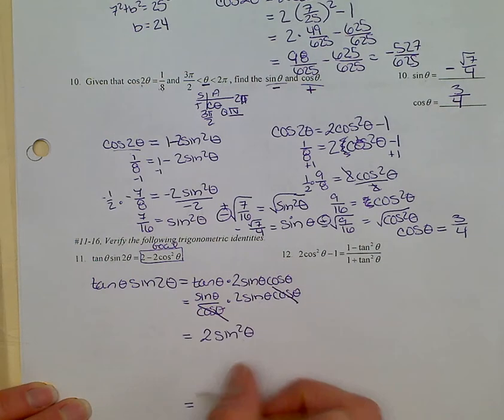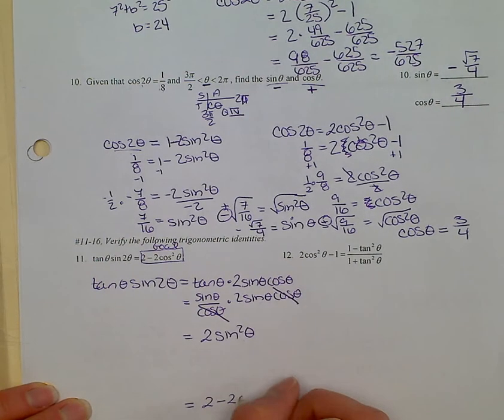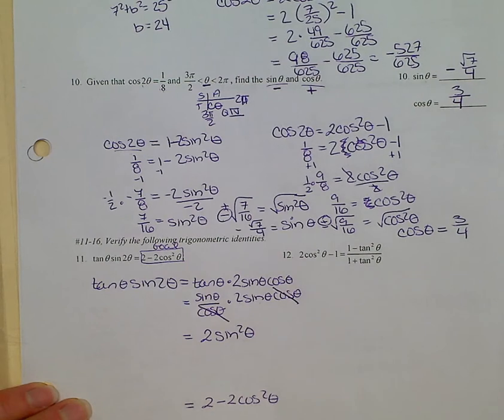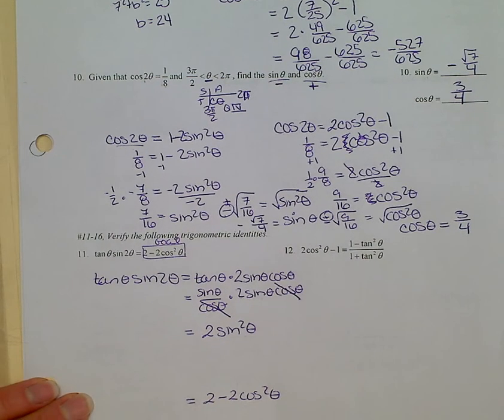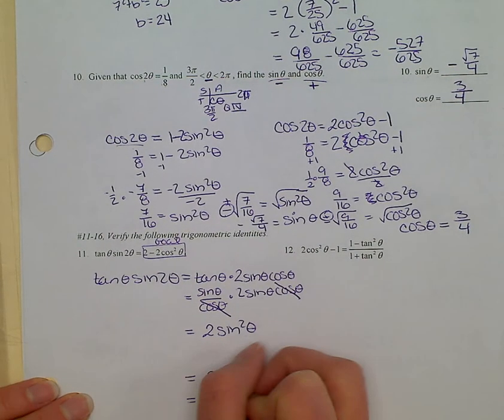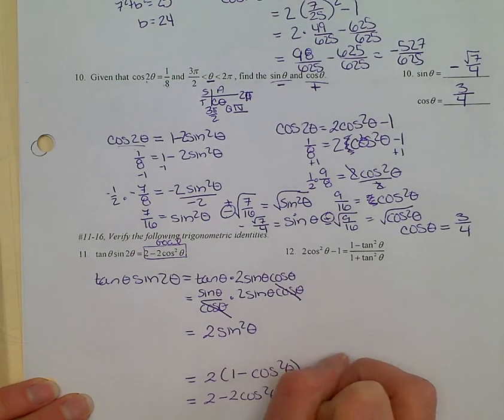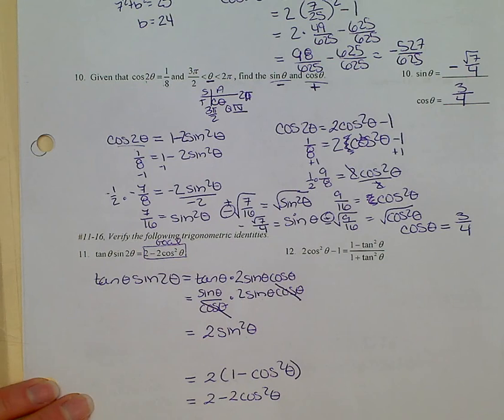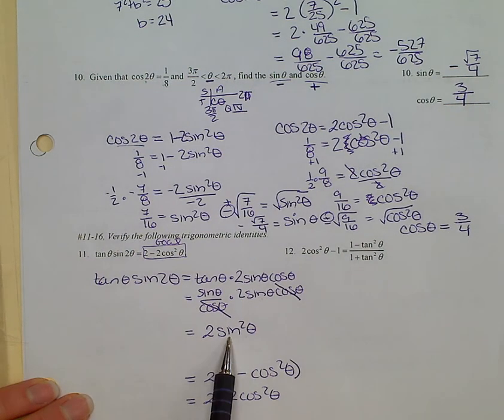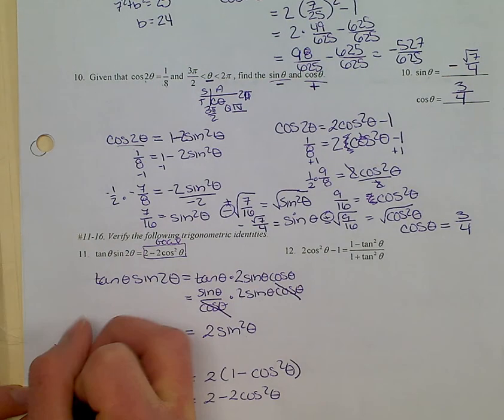I'm going to backtrack. So previously I said, well, we could factor out a 2. And what would that do? One minus the cosine squared and a sine squared, I think we're done.